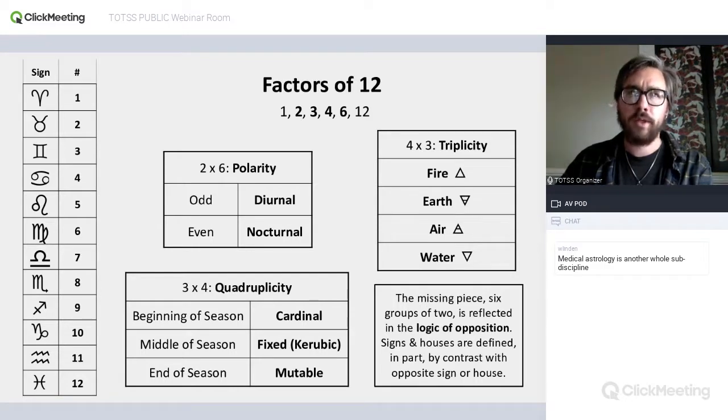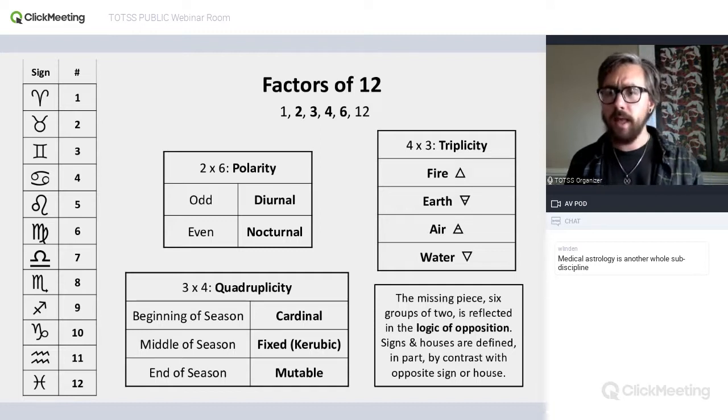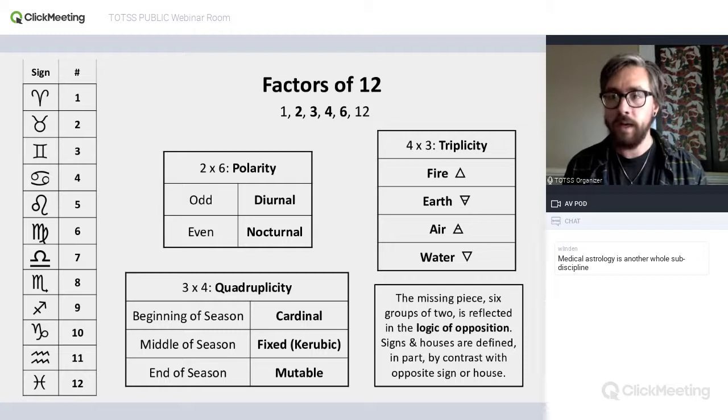If anyone listened to the series that I did on the Sephiroth, in the second class in that series I talked about some of this Pythagorean odd and even signification, and day and night are directly associated with odd and even in the Pythagorean system. So that's where this is coming from. We'll just alternate diurnal, nocturnal, just like we're alternating odd and even.